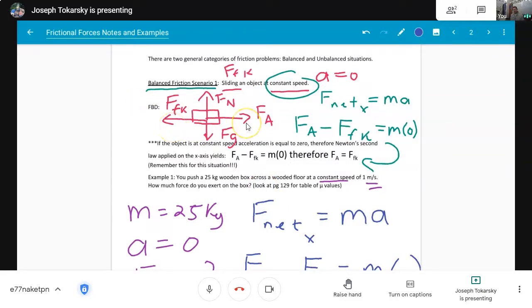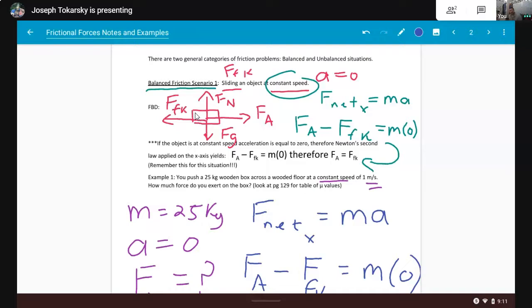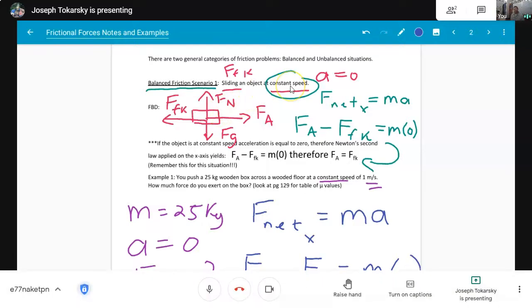But if you can't push with 49 newtons anymore, then kinetic friction is going to start winning the tug of war in the opposite direction. It'll start to slow you down, and you won't be at constant anymore, and you'll be unbalanced. So scenarios can change, but this scenario, because I was constant, we solved it in such a fashion where a was 0, where those two forces were balanced, and both were 49.